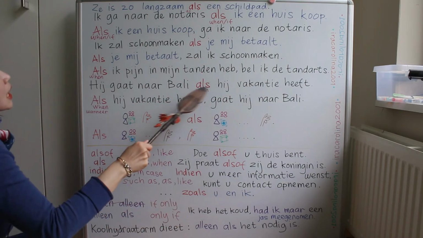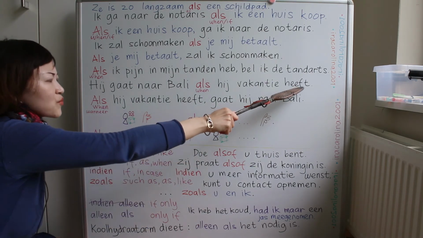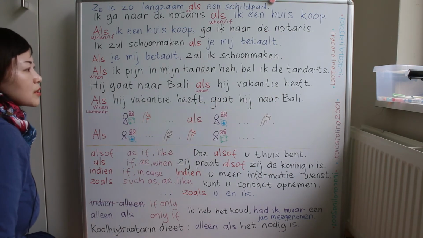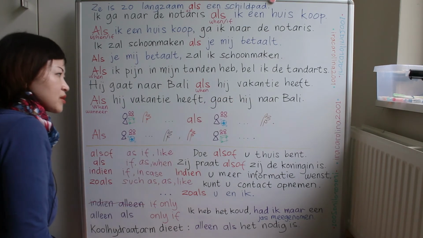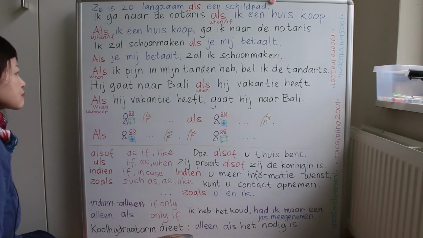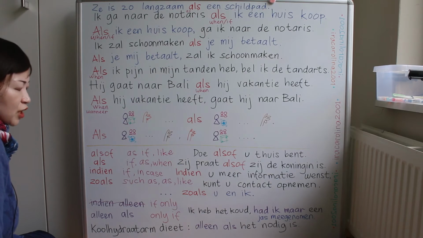Because we use the als here, so the verb at the end of the sentence. You see here? Hij vakantie heeft. This is the verb. He goes to Bali when he has vacation.